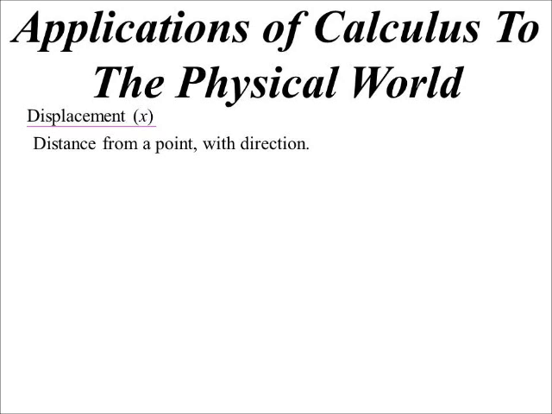So displacement is the distance from a point but with direction. And so the negative or positive sign now means something different. All it is telling us is which direction. So negative would be the left-hand side of the origin, positive would be the right-hand side of the origin.